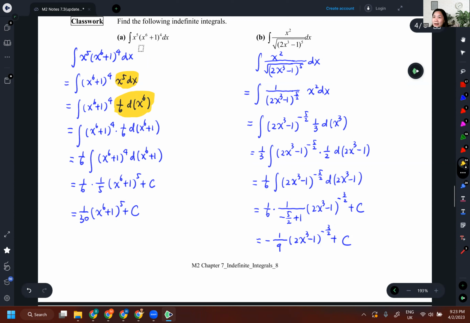In a way, it's like you're using integration. Because here, x to the power 5 dx must be replaced with 1/6 d(x to the power 6). That's what it's supposed to be.